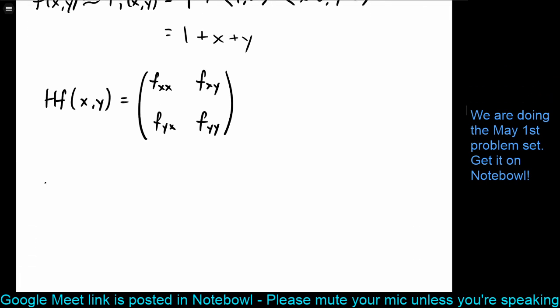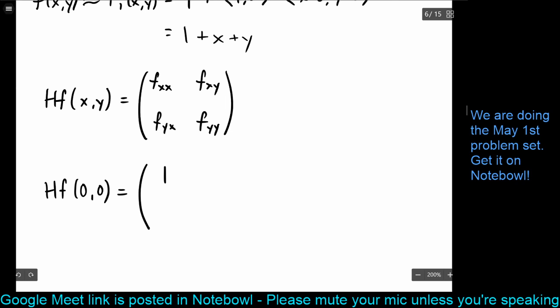Let's go ahead and use Mathematica to compute this, and I'm going to automatically plug in 0, 0 just to save some time here. All right, so this one's going to be 1. This one is going to be 0. Did I get that right?